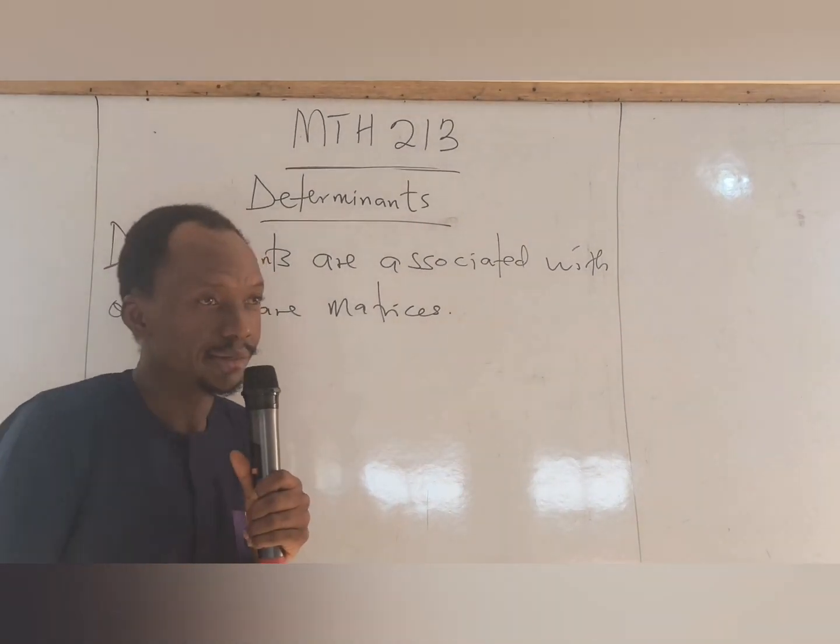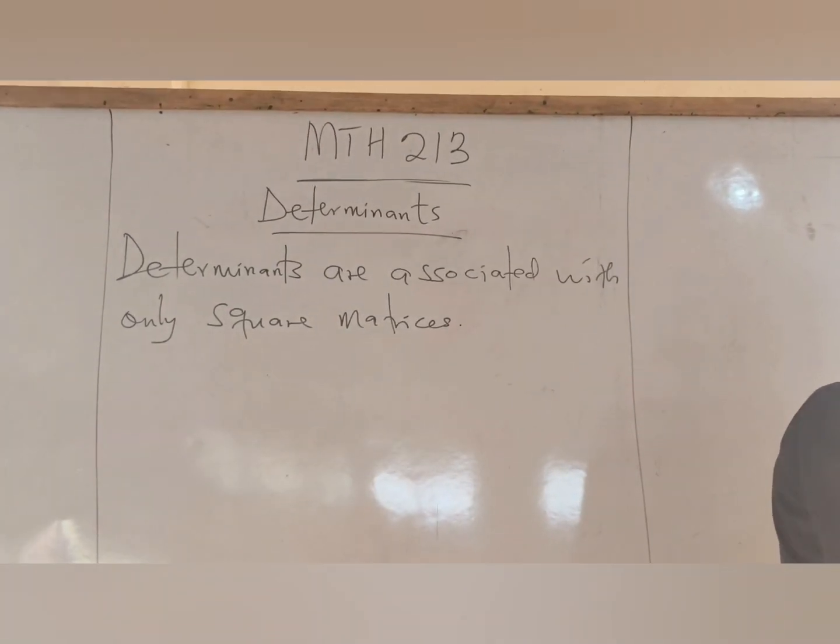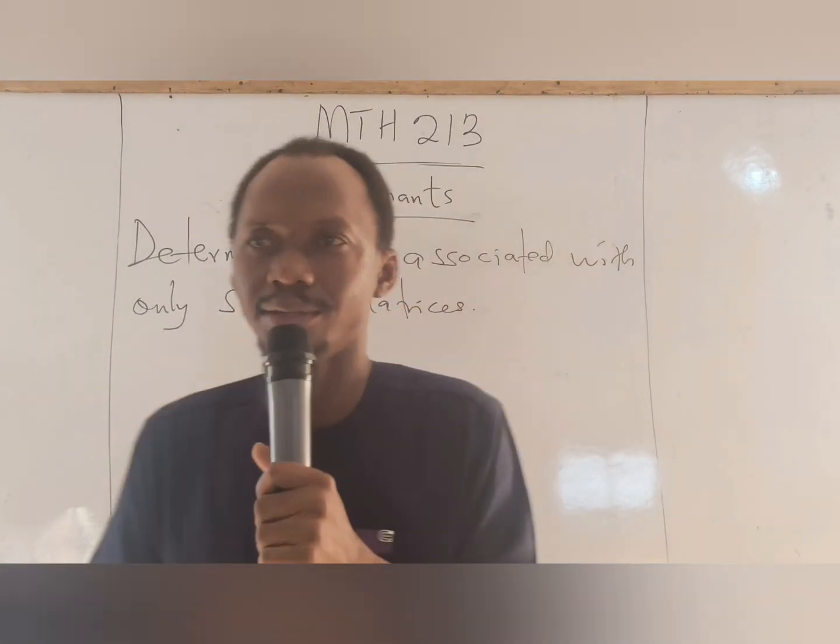So a square matrix is a matrix in which the number of rows equals what? The number of columns. Are you all here? So let's write.